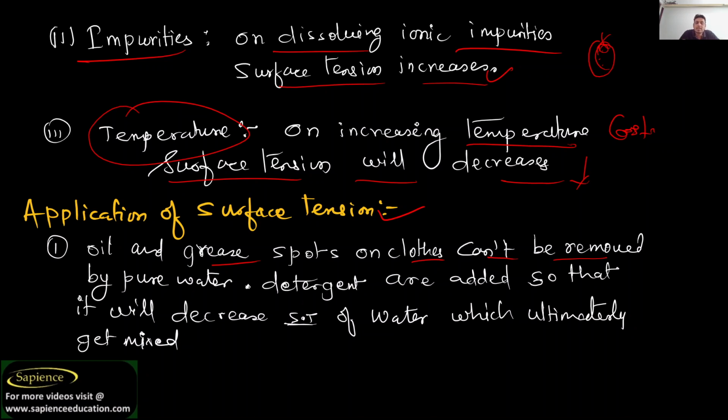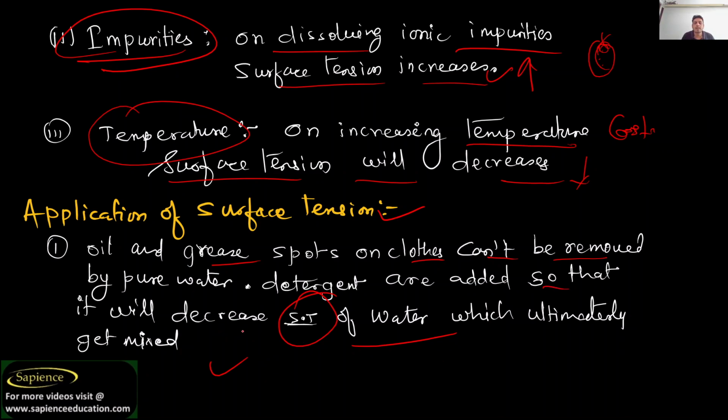We are talking about ionic impurities. When you dissolve a detergent, ionic impurities are increasing, so due to these ionic impurities surface tension will increase.